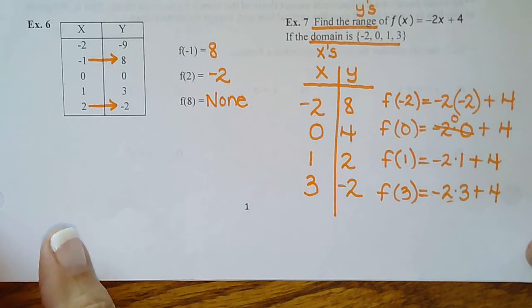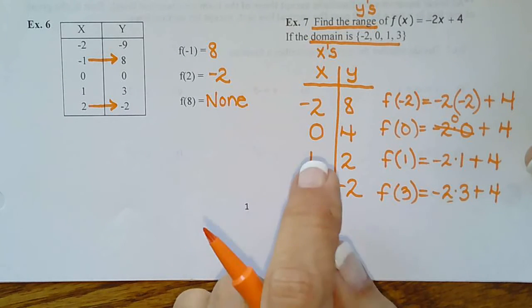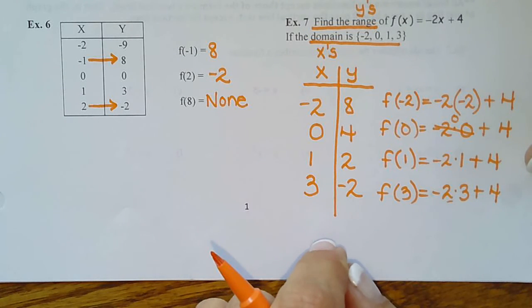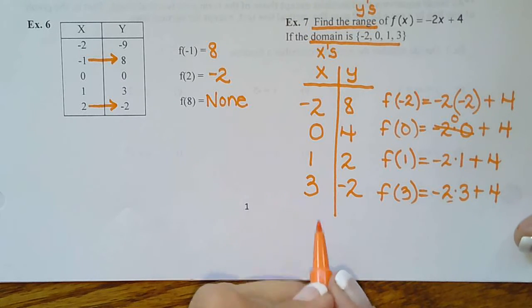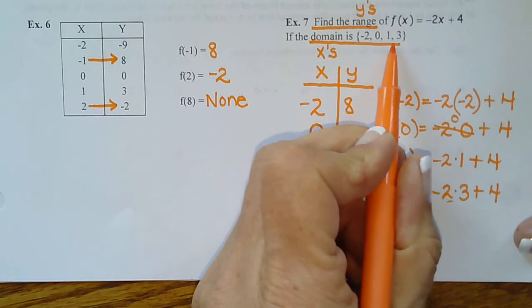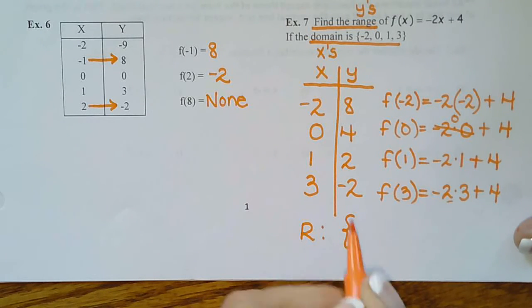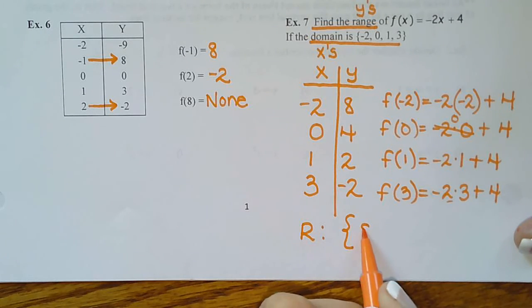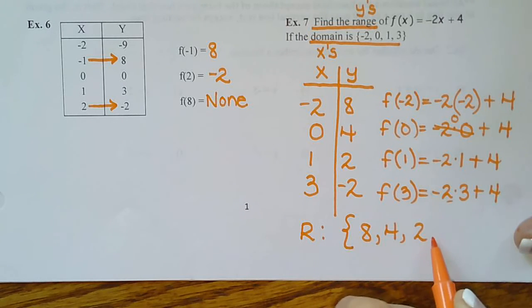But then we have to go back and look at what it says. It says find the range. So if you look on your last lesson, the definition of range is the set of y values. So my answer must be given as a set, just like my domain was given as a set. So we use the set symbols, and then we list the elements of our range, 8, 4, 2, and -2.